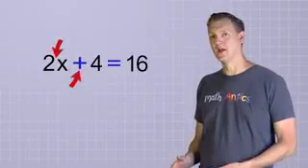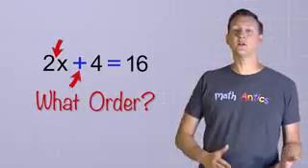And the second is that when there's more than one operation, you have to decide what order to undo those operations in. Hello? If you need to know what order to do operations in, just follow the order of operations rules. You did watch that video, didn't you? I sure did. But the order of operations rules tells us what order to do operations, not what order to undo them.